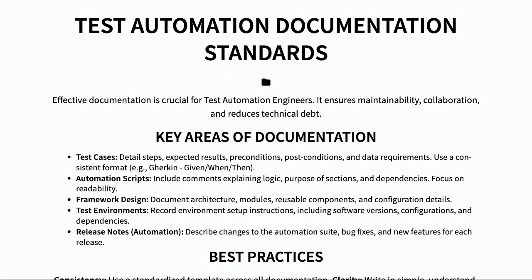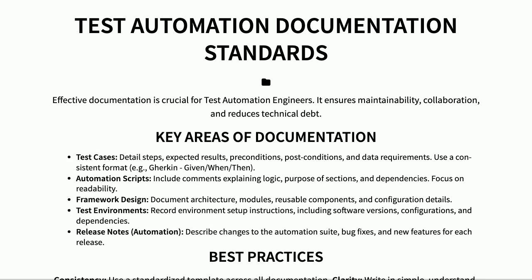Okay, let's talk about documentation. It's absolutely vital for any test automation engineer. Think of it as a roadmap for your automated tests. We need to document everything thoroughly. Our test cases, detailing exactly what we expect and how to achieve it, the scripts themselves with clear comments explaining their purpose and logic, our automation framework's design, how it's built and organized, and even the test environments, so others can replicate them easily.